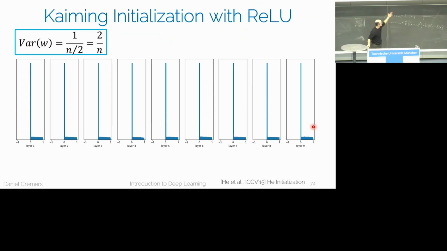Because in some sense, half of the data is collapsed to 0, and so the other half needs to be spread accordingly so that you preserve the distribution of activations, and so you choose 1 over n half, and this is 2 over n. And that is the initialization for the weights that was suggested by Kaiming and is now often called the Kaiming initialization. But it's very much the same idea as the Xavier initialization, just not for the Tanh, but for the ReLU. Same idea.